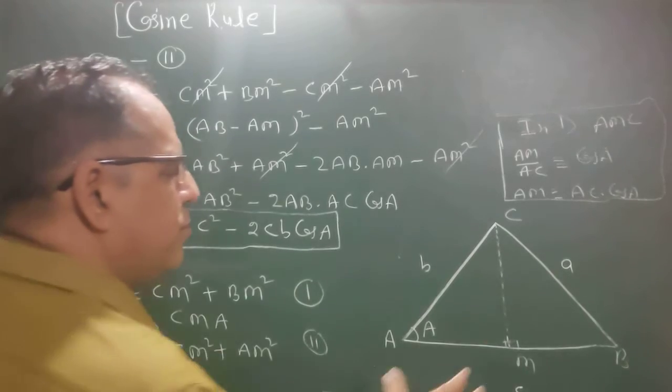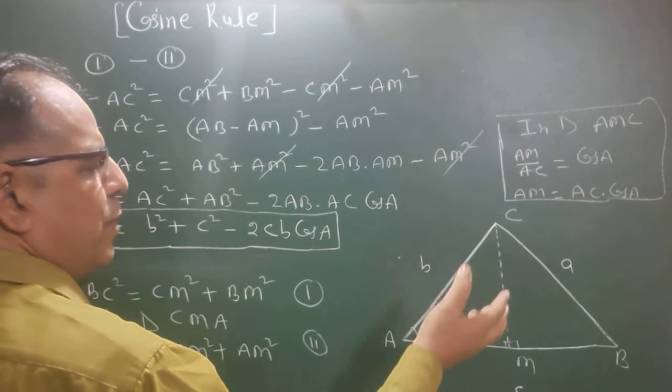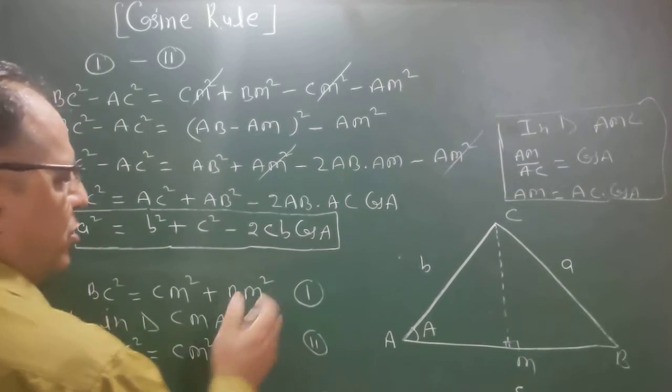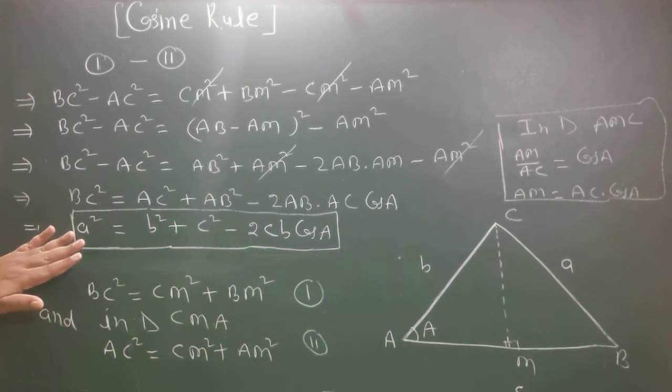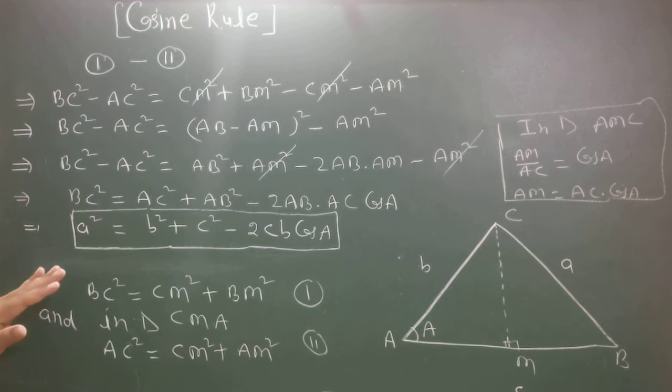If we want to prove this formula for angle B, we take angle B there. If we want to prove it for angle C, we take angle C there. So this cosine law is established for the acute angle triangle.